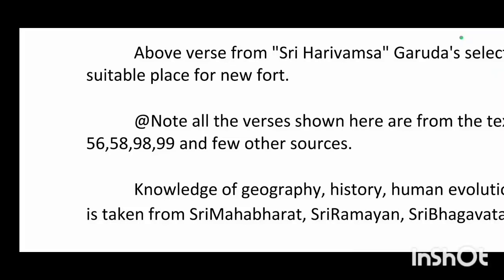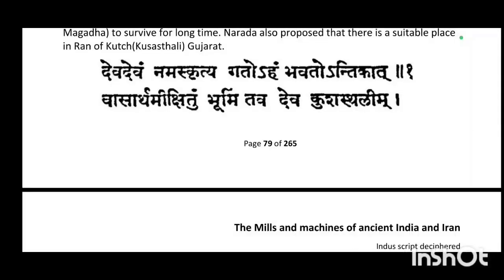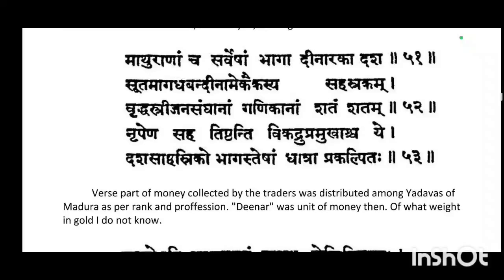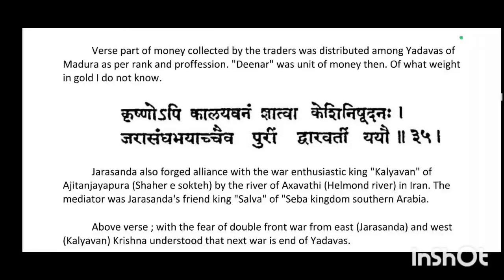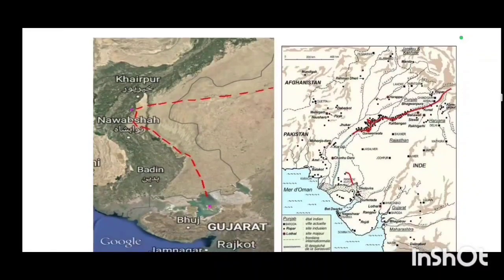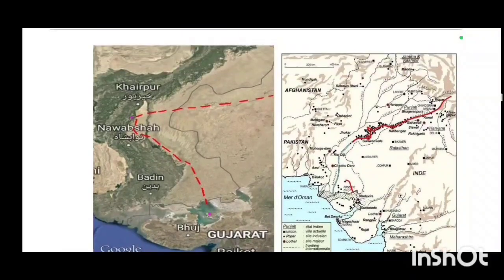Chapters 56, 58, 98, 99 of the second book of Harivamsa, Vishnu Parva, clearly discuss how Krishna is given money by some trading community, why he had to flee Mathura of Uttar Pradesh, and how he reached Kadiji of Pakistan from Uttar Pradesh, and then Dholavira.